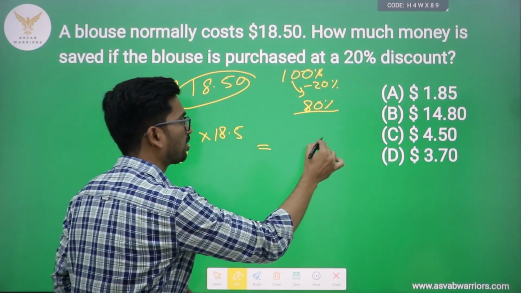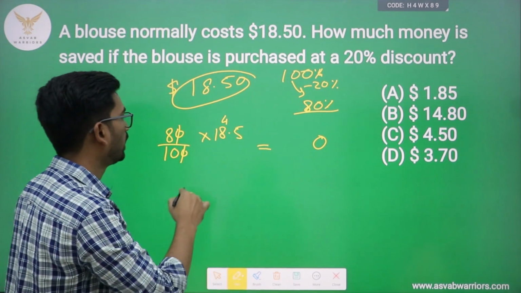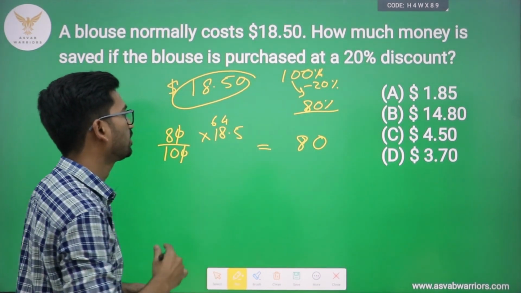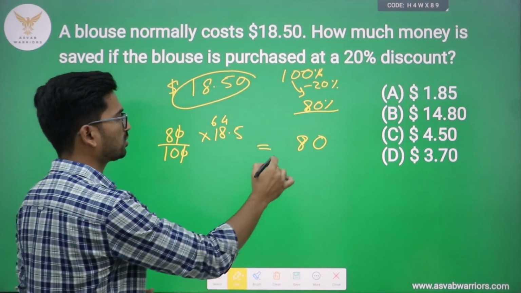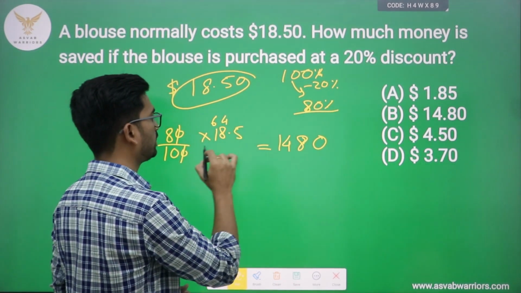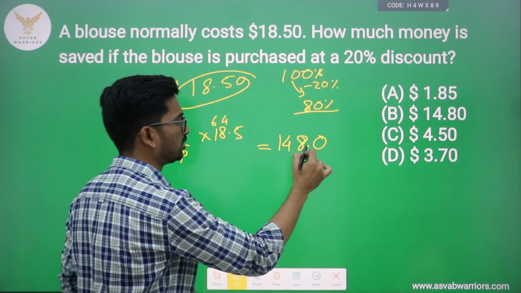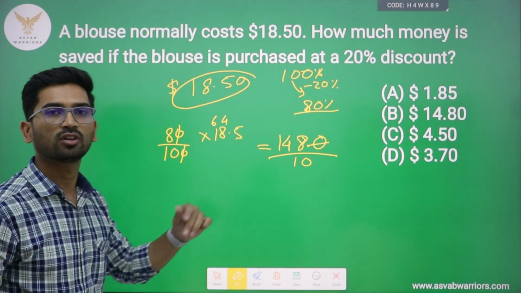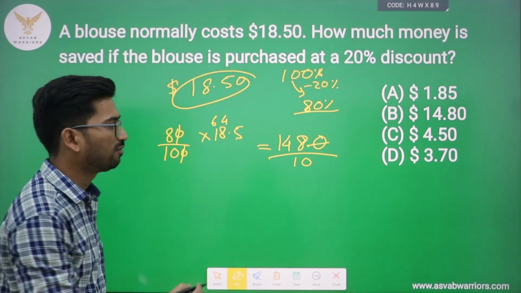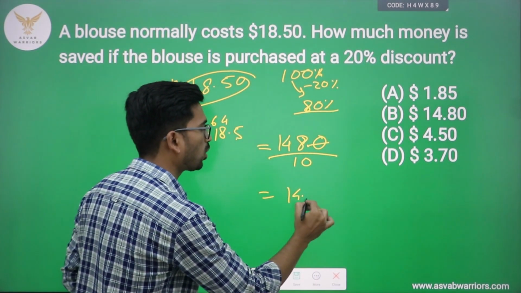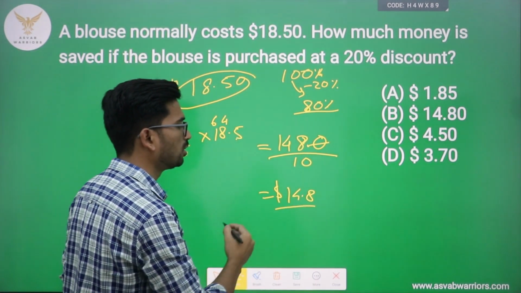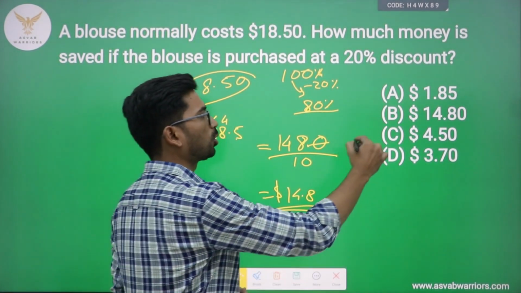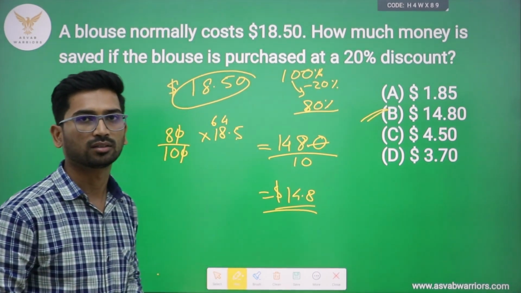So 8 5s are 40, carry 4, 8 8s are 64 plus 4, 68, carry 6, 8 1s are 8 plus 6, 14, 80 and decimal point after 120. So this 0 will get cancelled and 10 as it is. 148 by 10, which is nothing but $14.8. So the new price of the blouse will be $14.8. So option B will be correct answer.